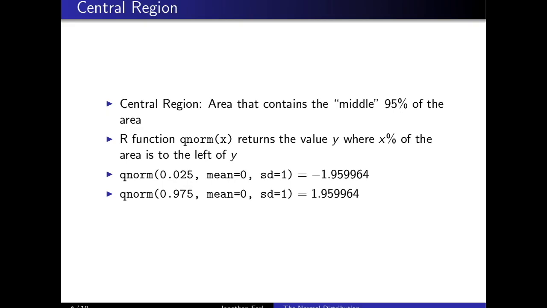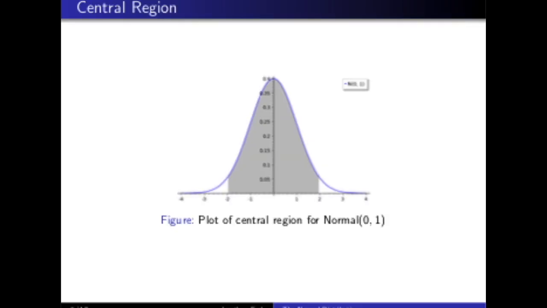And then we would also want what is the x value so that 2.5% of the area is to the right of that value, or 97.5% is to the left, and that would be about 1.96. And that makes sense because we said normal distributions are symmetric.